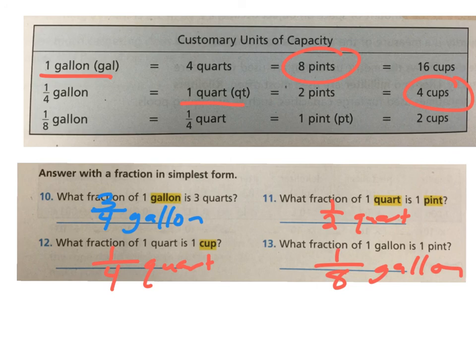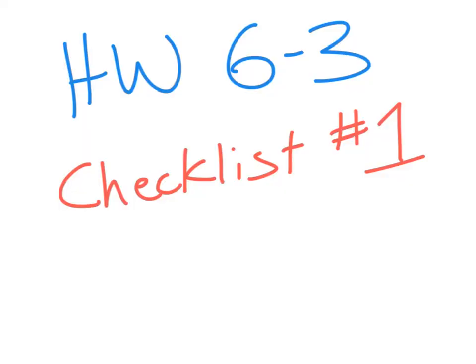All right, you're going to be doing problems like this in your homework assignment. And it is time. Homework 6-3. Notice there's no remembering with it. It's homework 6-3, and now we're doing our first day of our I can statements checklists. Checklist number 1. Okay, what is the I can statement? For number 1, it says I can divide numbers with 2-digit divisors.